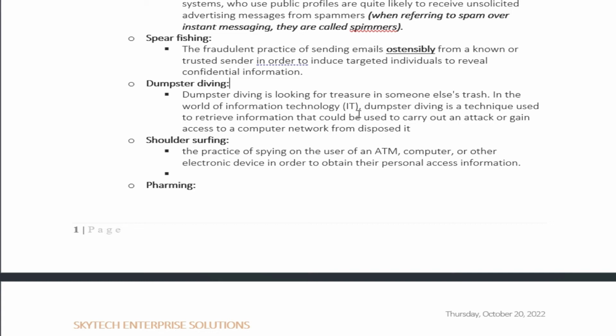You could be looking for something valuable that you threw in your trash and into the dumpster later, and now you remembered you've got to go retrieve it. But in the field of IT, at least in cybersecurity, dumpster diving is looking for treasure in someone else's trash.